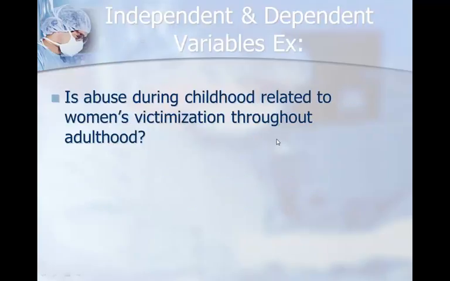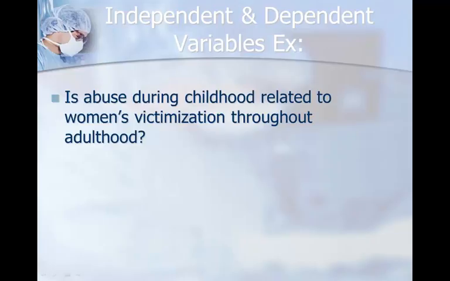So if we take a look at a different example, let's look at this just for a second. So is abuse during childhood related to women's victimization throughout adulthood? So if we were coming up with a dependent variable, remember dependent variables are behaviors, characteristics, or outcomes that researchers wish to understand. Our dependent variable here would be childhood abuse, okay?